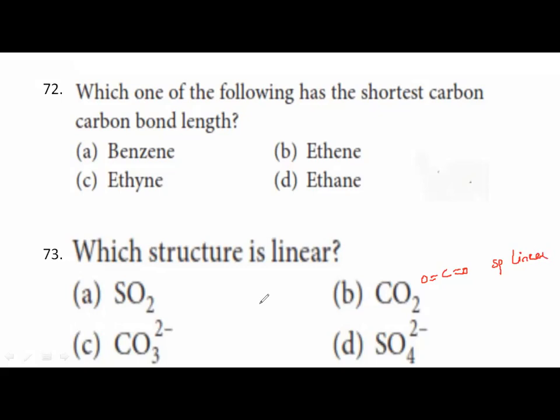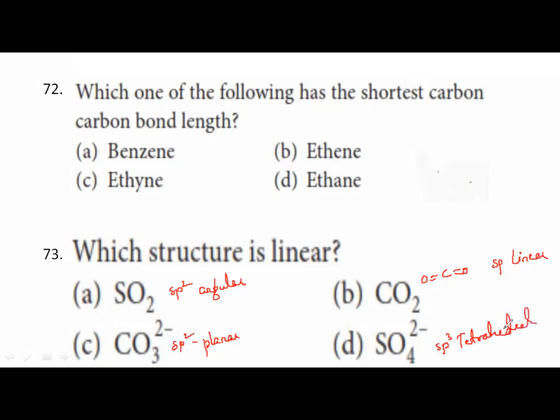While CO3 minus 2, the hybridization is sp2 and the geometry is planar. If you see SO2, the hybridization is sp2 and the geometry is angular, that is inverted V. For SO4 minus 2, the hybridization is sp3 and the geometry is tetrahedral.